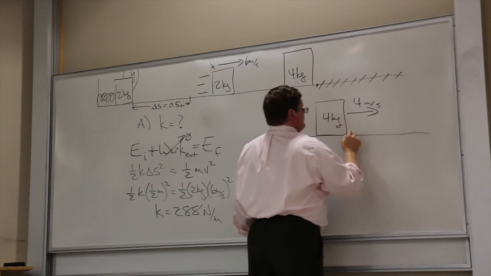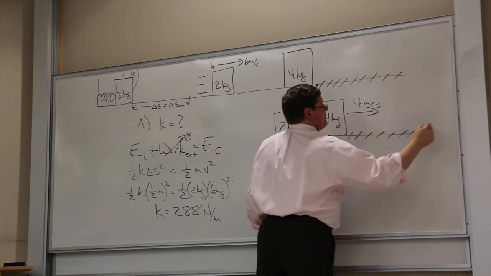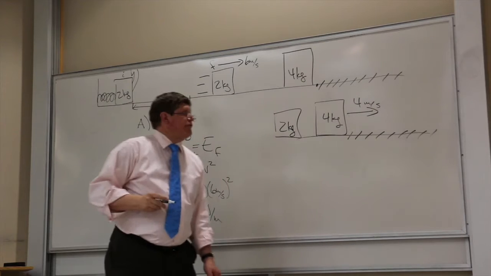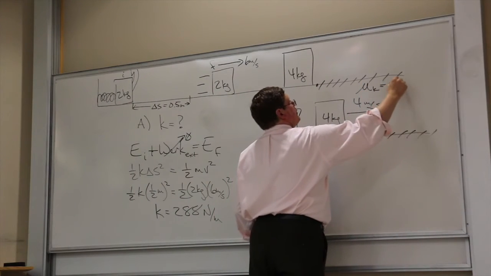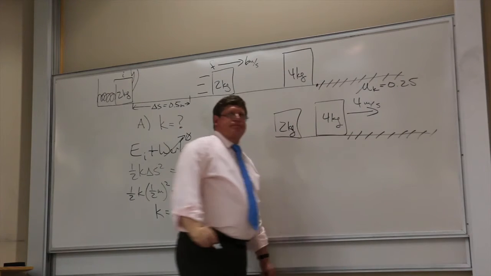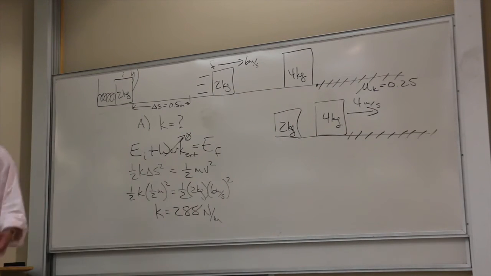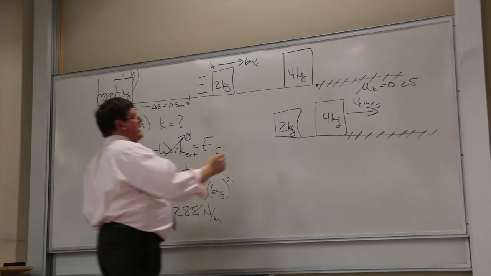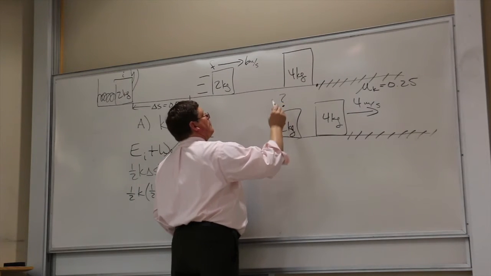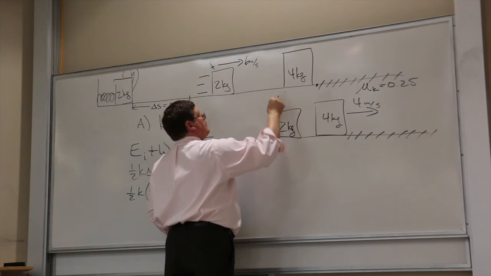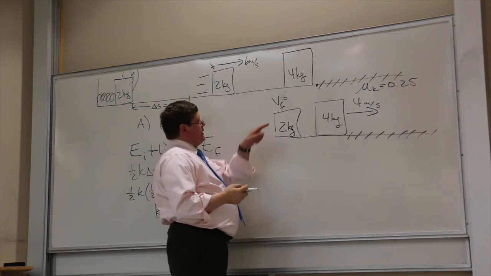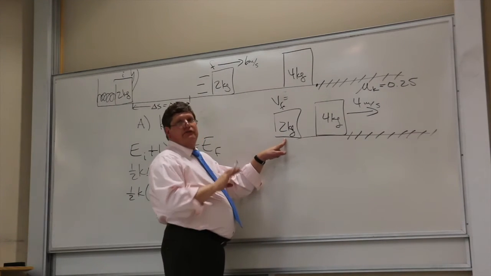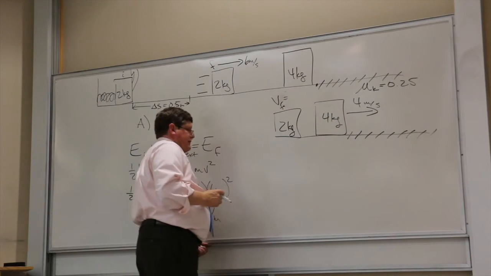And it travels after the collision along a rough section of track which has a mu sub K of 0.25. Now the first part of the question is just what kind of final velocity after the collision do I have for this little block? Is it to the right or is it to the left?